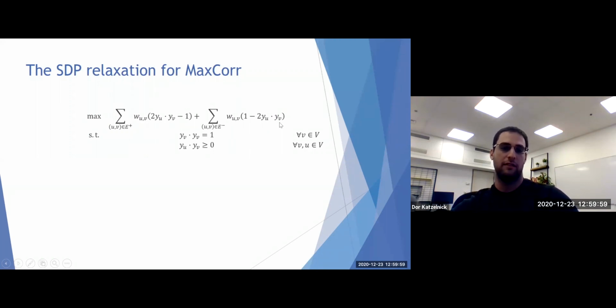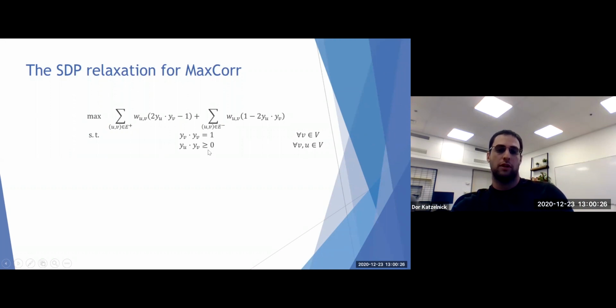Okay, and what is the objective? We have this objective, and you can see that if two vectors are the same, that is, if they are in the same cluster, then the inner product is 1. And if you plug it in here, then you get +1 for a plus edge, or -1 for a minus edge. And if two vectors are far from each other, that means that they are orthogonal.